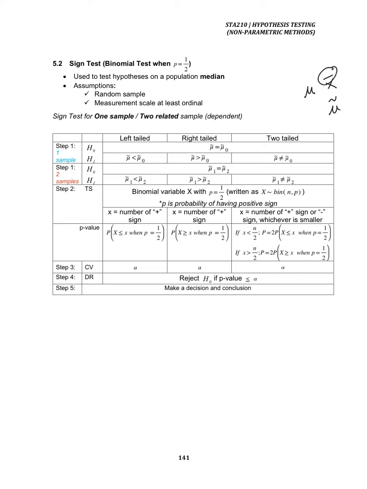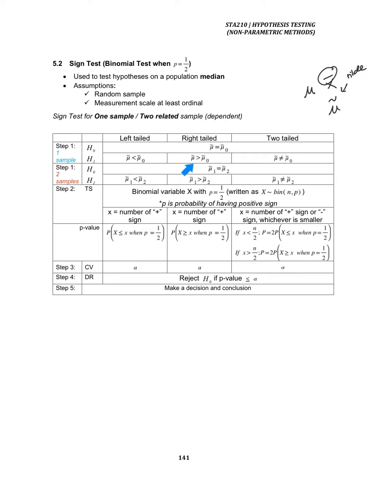the notation is called tilde. Tilde, tilde, or it is the symbol for median. So we can also say that the median equals a certain value, median not, or tilde. The symbol for that is tilde. And then the H1 for the left tail, we have median less than a certain value.